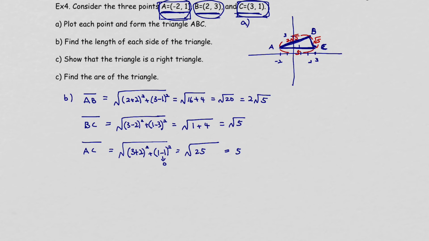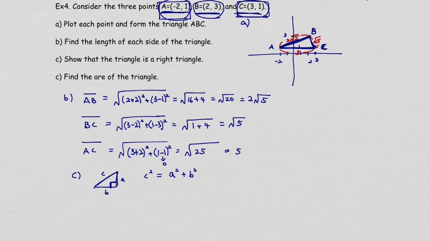Right? So I found all the distances. C is asking you to show that the triangle is a right triangle. What happens if we have a right triangle? What do we know about having a right triangle? If we have a right triangle, you have a hypotenuse and 2 sides, and C squared equals A squared plus B squared.